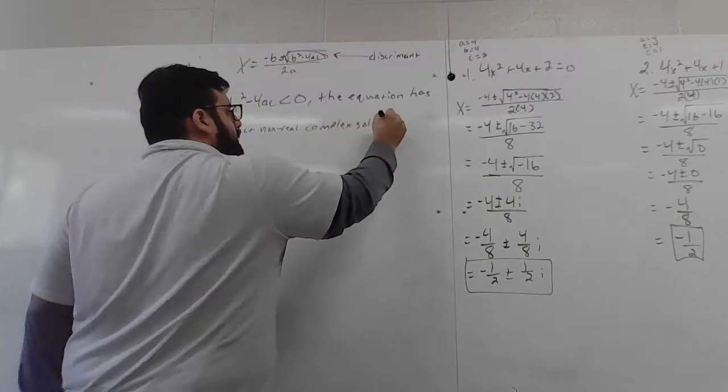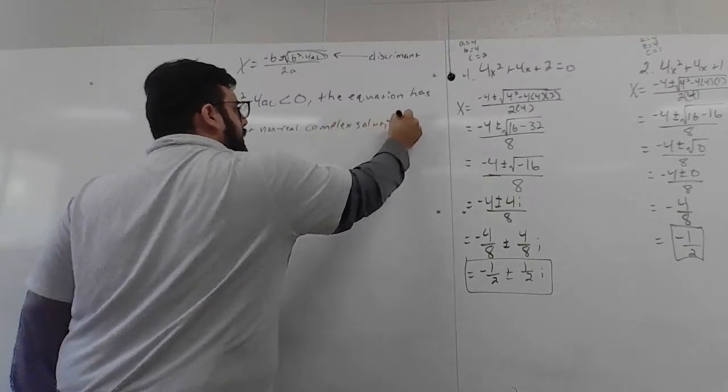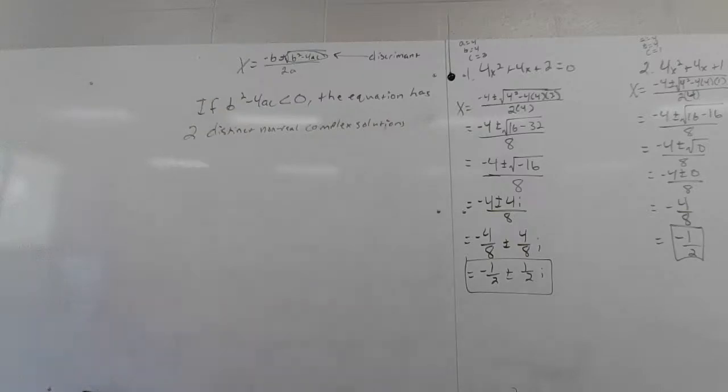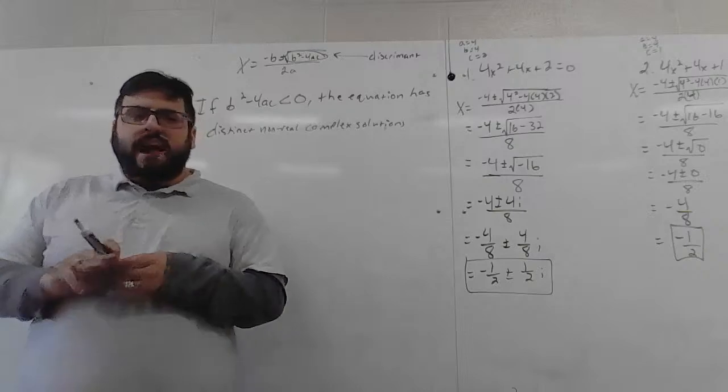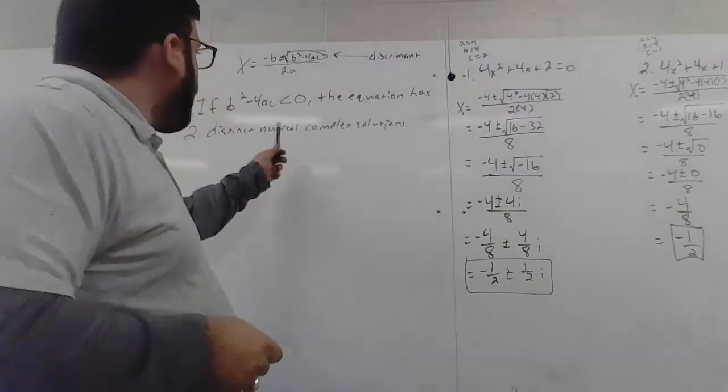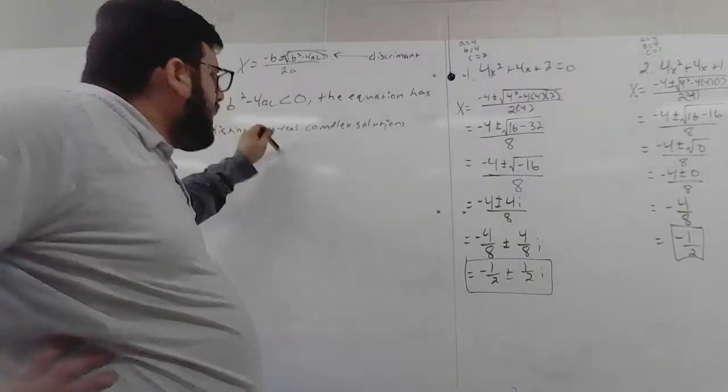And we have to be specific here. We can't just say there are 2 complex solutions, because if you really think about it, you can write a real number as a complex number. So we have to specify that it's a complex number that's not real.